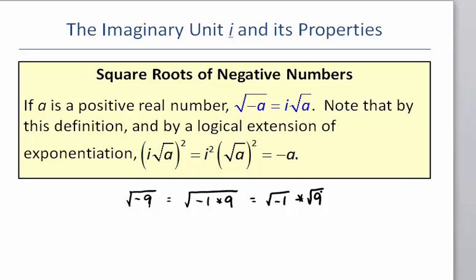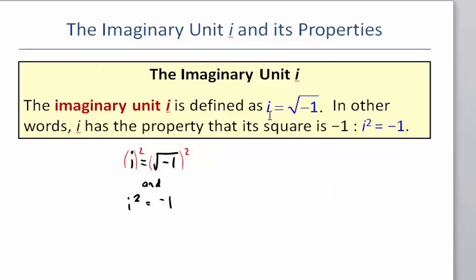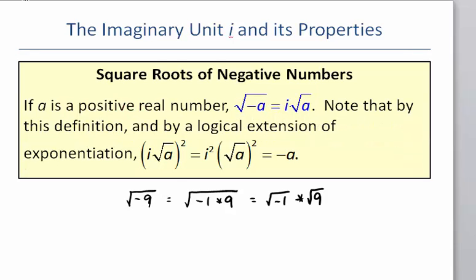Remember, our definition says that the square root of -1 is equal to i. So this part is equal to i, and the square root of 9 is equal to 3. And so the square root of -9 can be written as 3i.